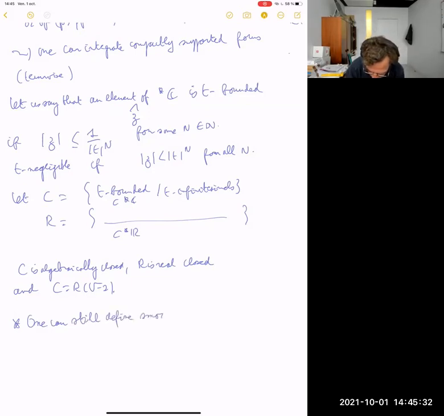Let me explain. One can still define smooth functions over C or over R, but one has to be a little bit careful. The idea is you take an element of C, you lift it to star C, and then you apply the smooth function, but then you should be sure that when you reduce modulo the T-infinitesimals, it does not depend on the lifting.